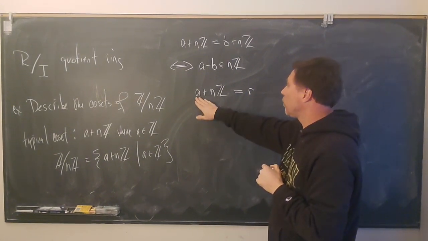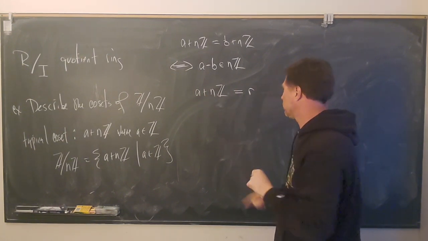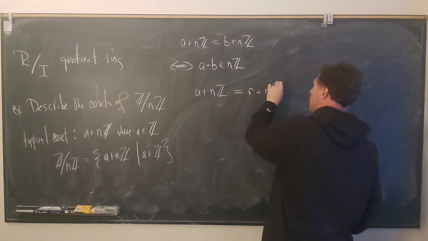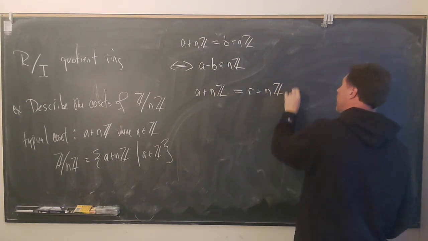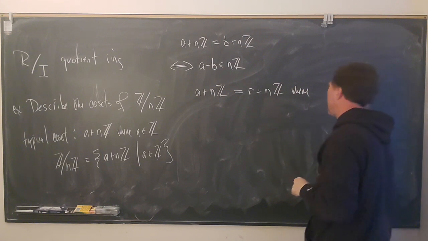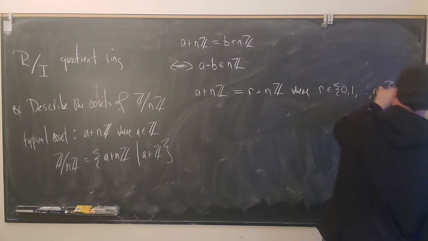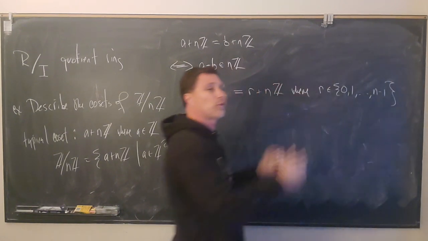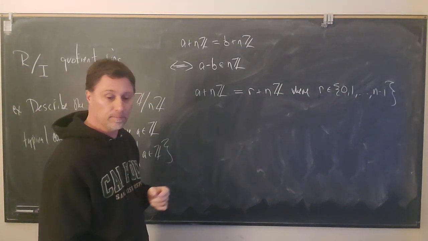Every one of these has a difference that is a multiple of n with somebody. So let me write it out: a plus nZ is equal to r plus nZ, where r is in the set 0, 1, up through n minus 1. And who is this r? It's exactly the remainder that you get when you run the division algorithm, dividing n into a.